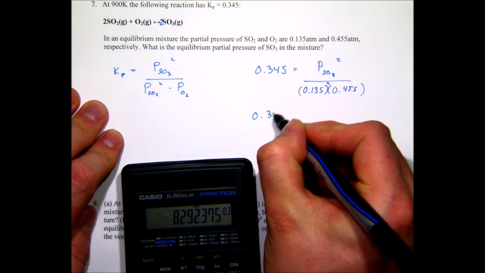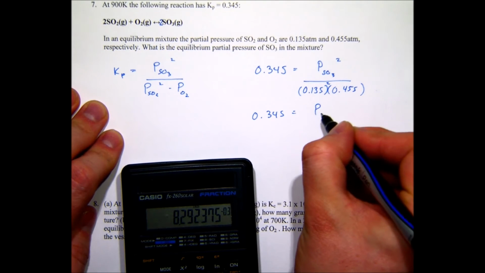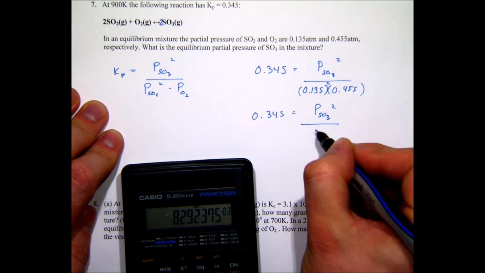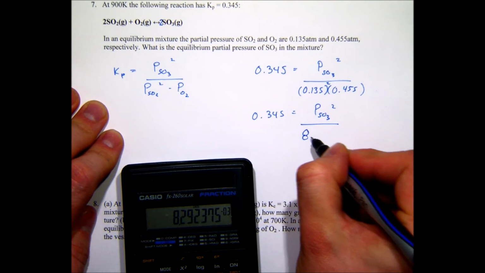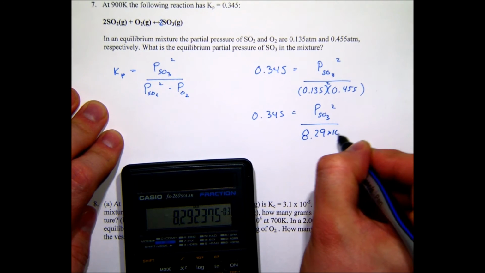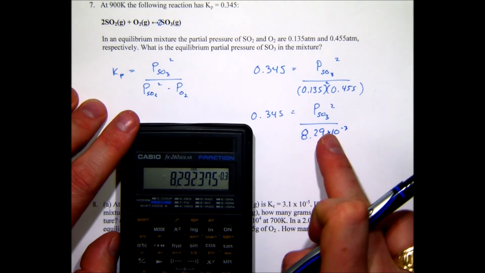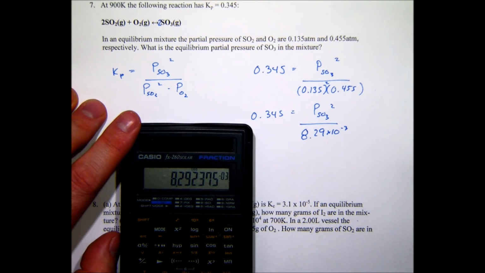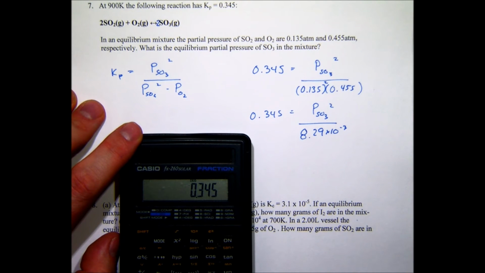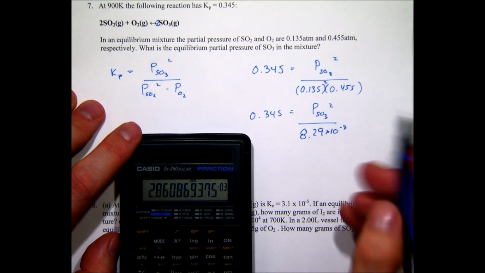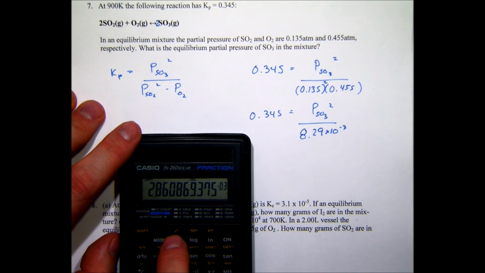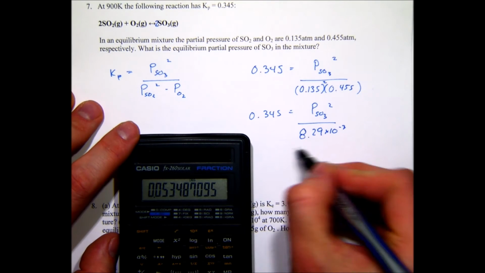So 0.345 is equal to the partial pressure squared. Now we can just basically multiply this answer with 0.345. And to get rid of the square, we're just going to take the root of it.